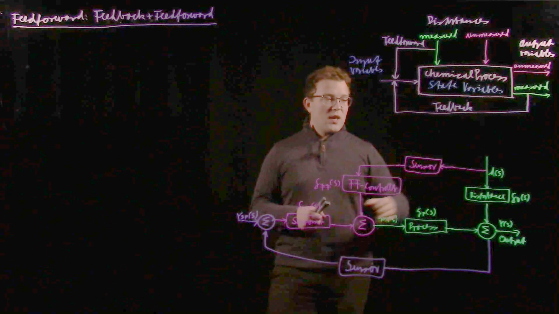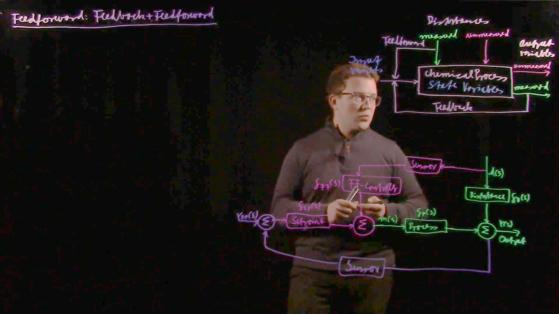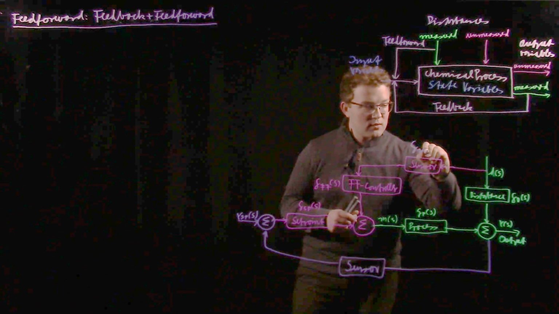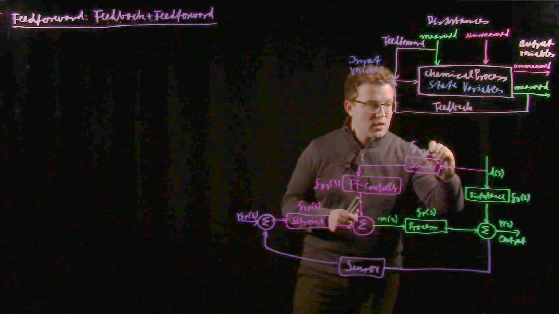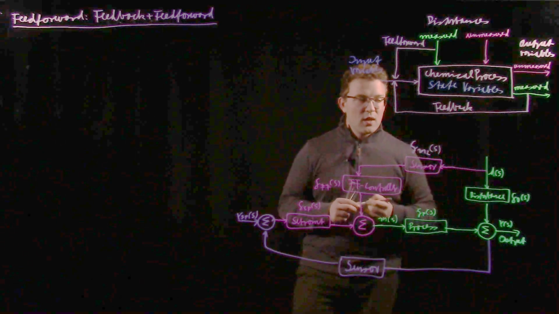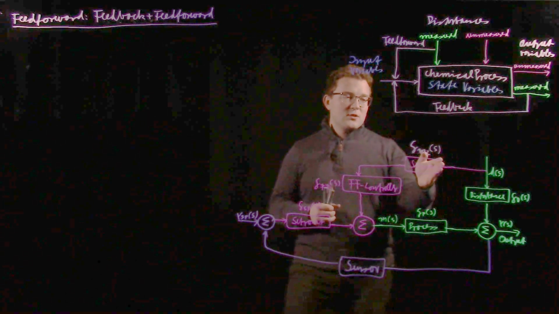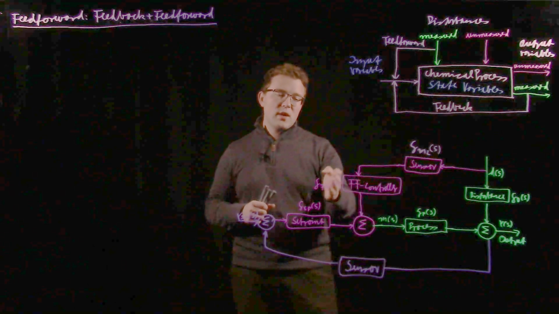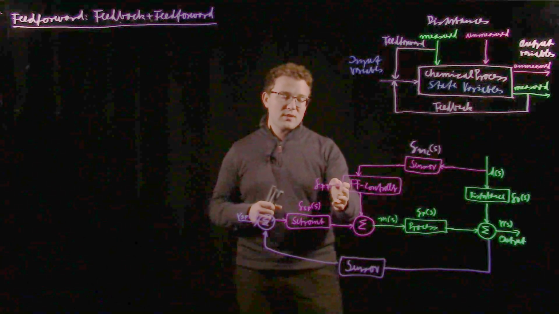And here we have a sensor which is measuring the disturbances. So we are introducing GM2(s) for measurement 2, because we have two sensors. And the values the sensor measures are then forwarded to the feedforward controller with its transfer function GFF(s).